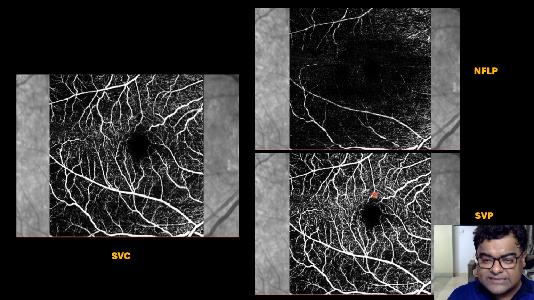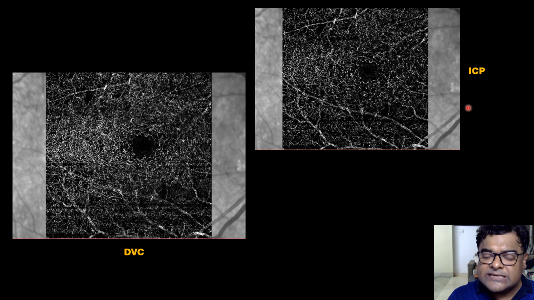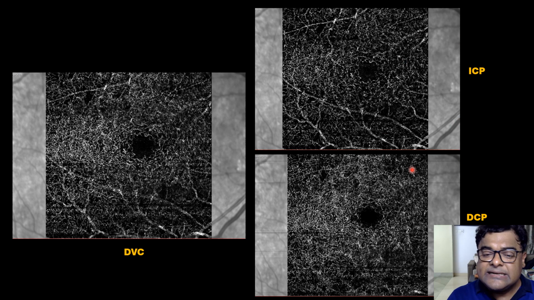So these two plexuses form the superficial vascular complex. Next we have the deep vascular complex, which is again made of the intermediate capillary plexus and the deep capillary plexus. The intermediate capillary plexus is in the inner border of the inner nuclear layer and the deep capillary plexus in the outer border of the inner nuclear layer.